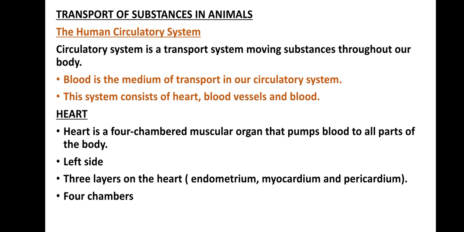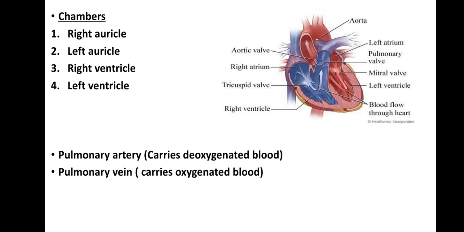There are 3 layers on the heart. They are named endocardium, myocardium, and pericardium. The 4 chambers of the heart are right auricle, left auricle, right ventricle, and left ventricle. Look at the diagram of the heart given.